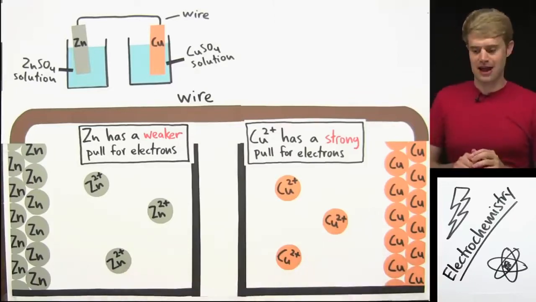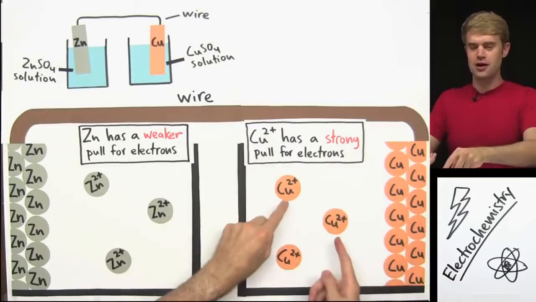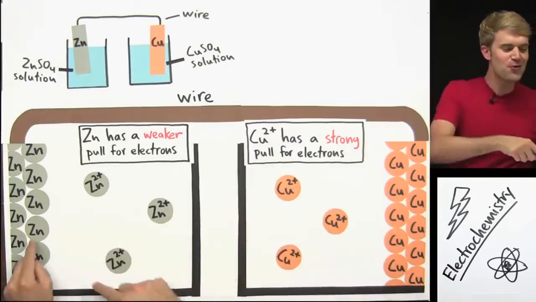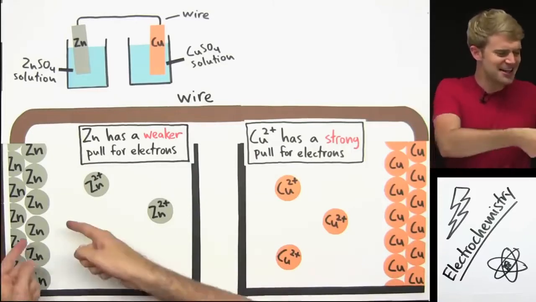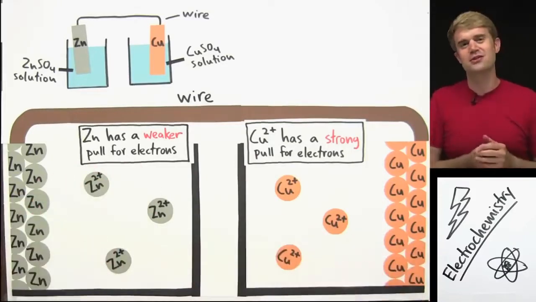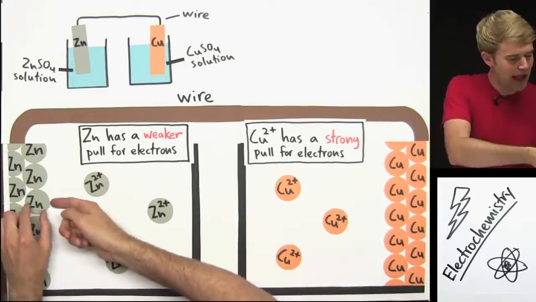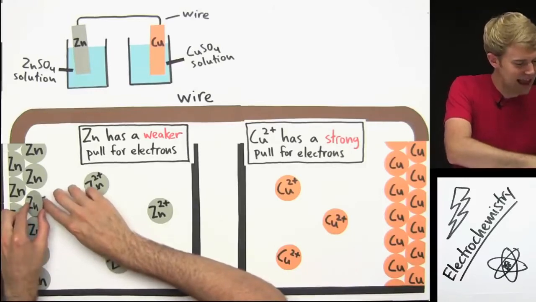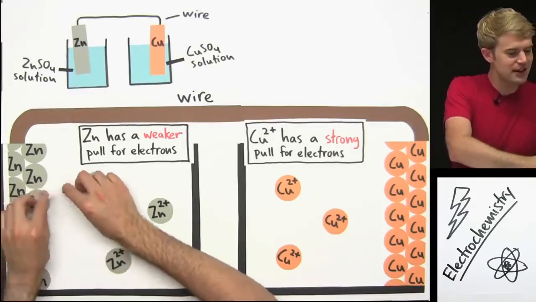Let me show you how this happens. Cu2+ really wants electrons. So it's kind of like it calls over to zinc, which has a weaker pull on the electrons, and says, hey, zinc, give me some of your electrons. And zinc's kind of weak, so it's like, oh, okay. And what happens is, let's say this zinc atom here gives away 2 of its electrons.